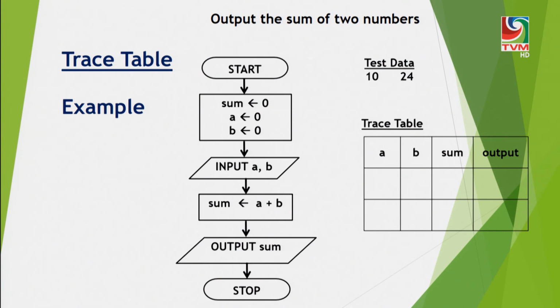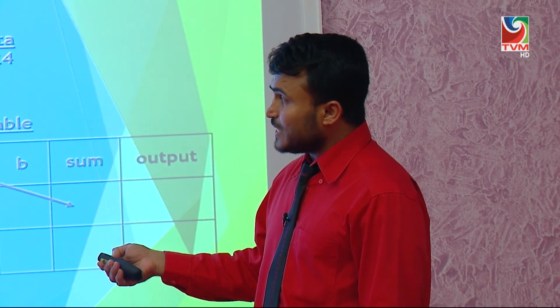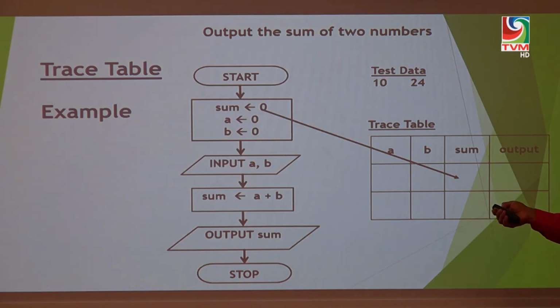Now see, this is a trace table. Here you can see the value of A, this is B, this is your sum value and this is your output. In maths we say sum equal to 0, but in computer science the meaning of this statement is that the value 0 is passed to the variable sum.